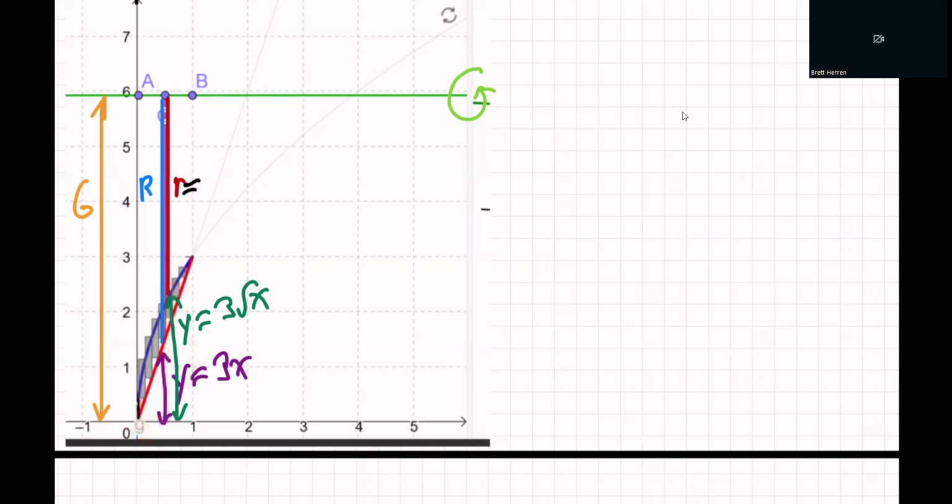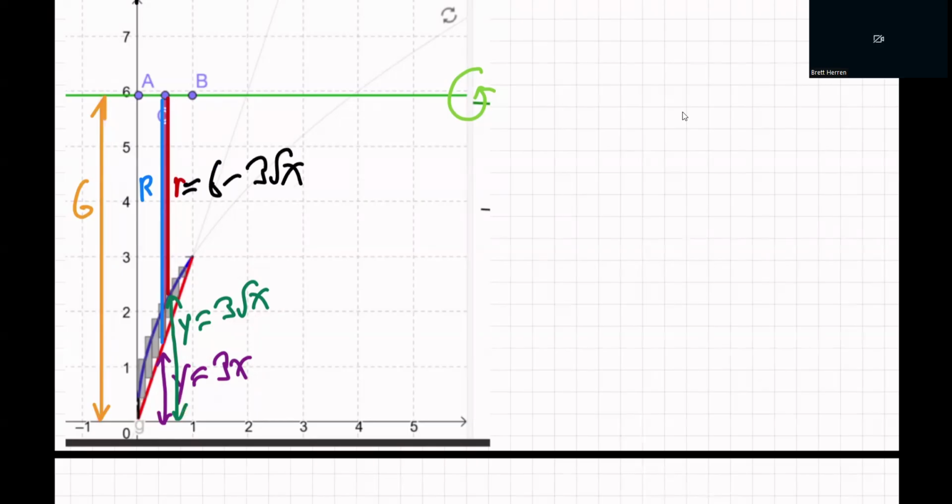So in other words, this point on the line y equals 3x is up from the origin. And this point on the other y equals 3 root x graph is again up from the origin. So therefore, if we want to find, for example, little r, we got to take the whole 6 and take away that y equals 3 root x. So it's going to be 6 minus 3 root x.